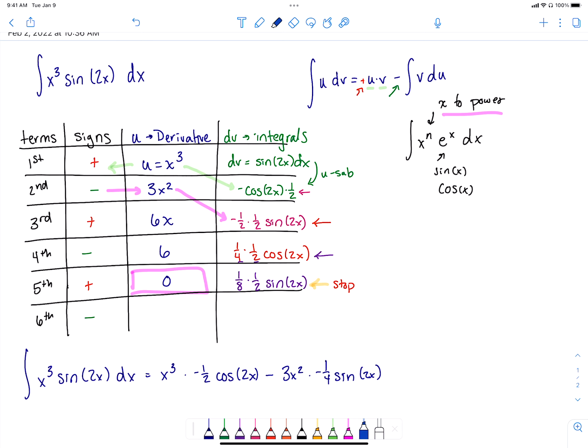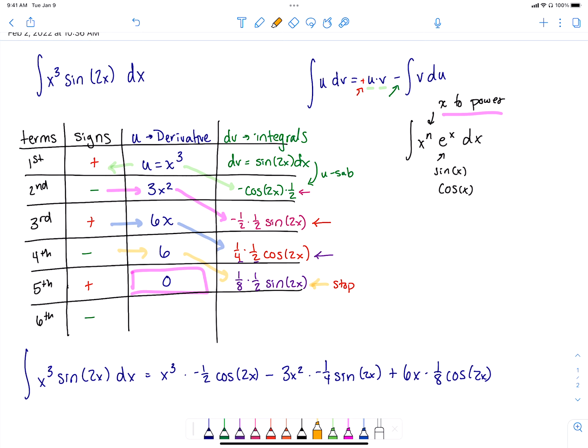Then the next term is going to be positive, and it's going to be 6x times our 1/8 cosine of 2x. Then the next term, let's see, we're going to run out of colors. Nope, we're good. It's going to be negative, and it's going to be 6 times, then again, that 1/8 times 1/2.